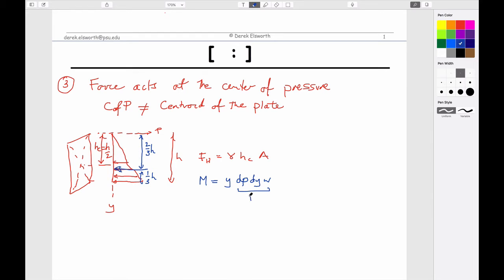So this would be an incremental force, dF, and this would be a lever arm, which is Y, if you like, coming down from this.